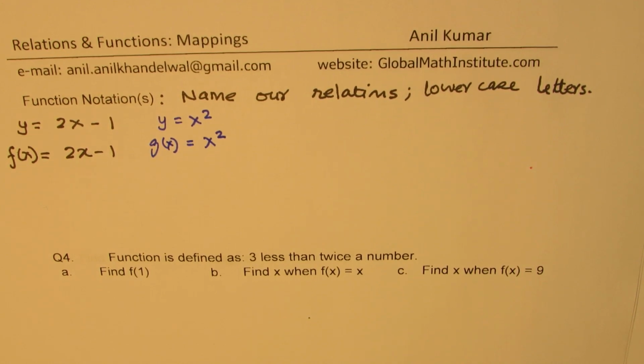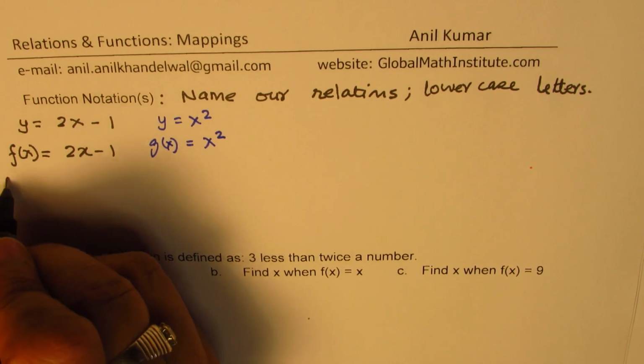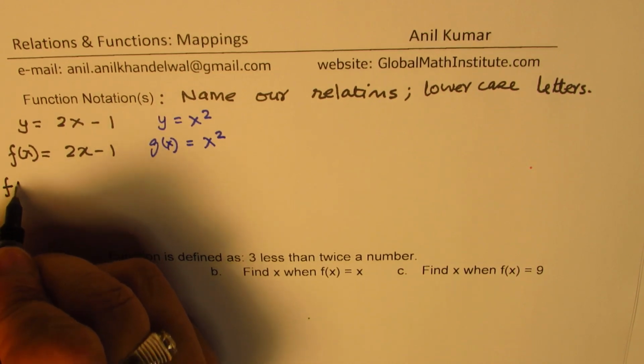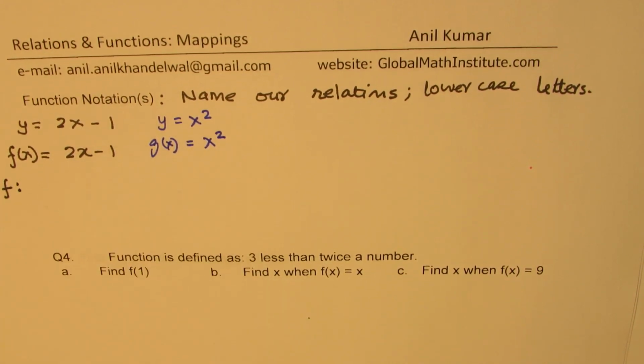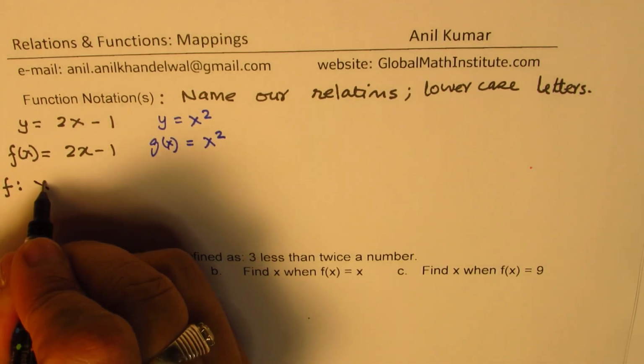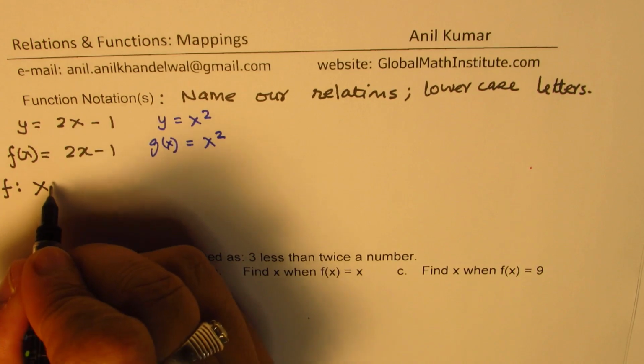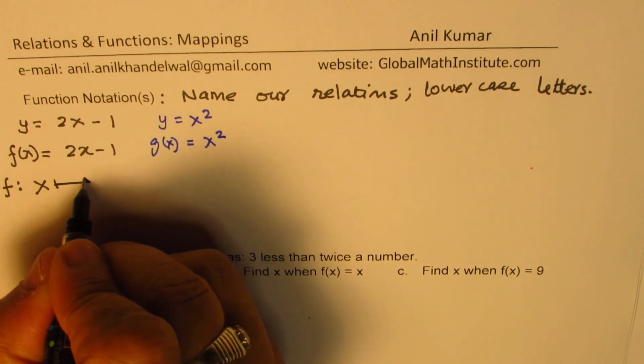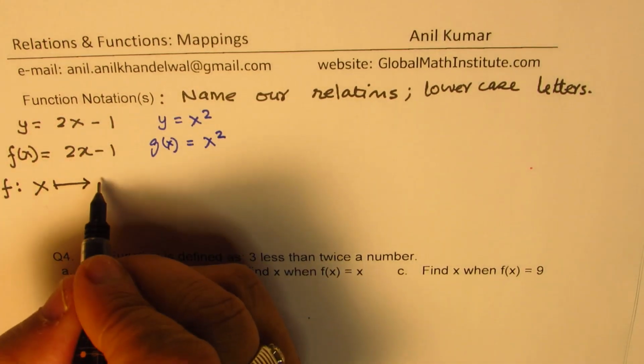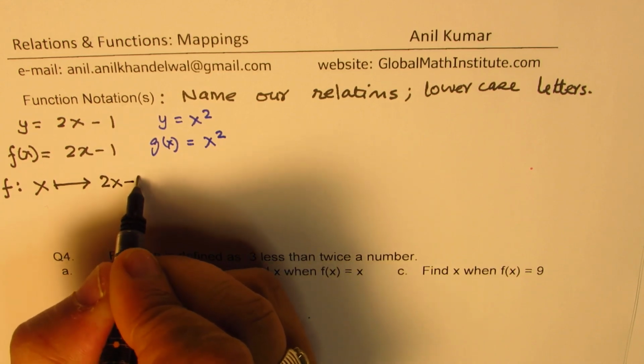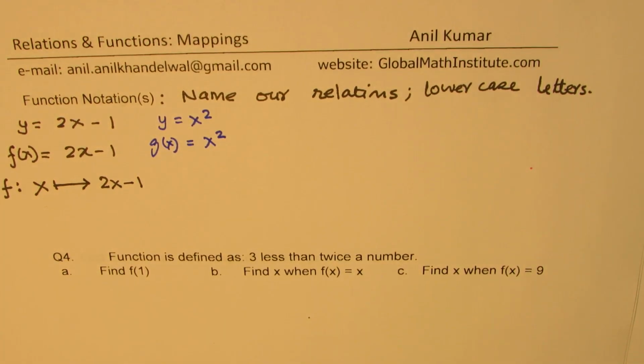Now another very popular notation is the letter f for functions, with a colon, and the colon means such that, and we are actually linking x values with the function itself. So in this case it is 2x minus 1. Does it make sense to you?